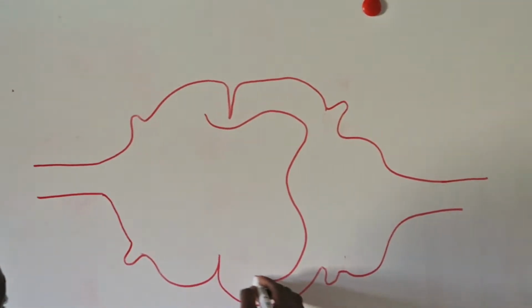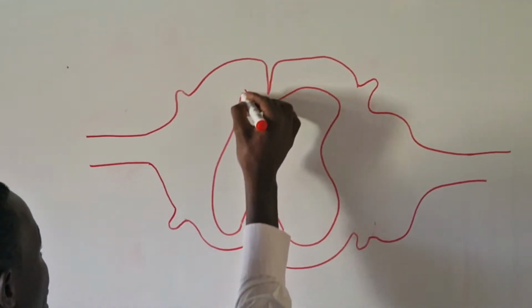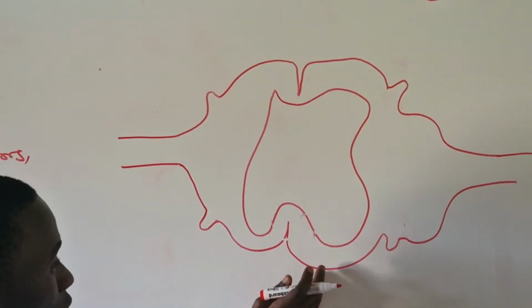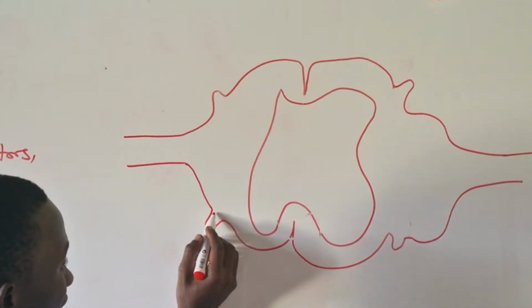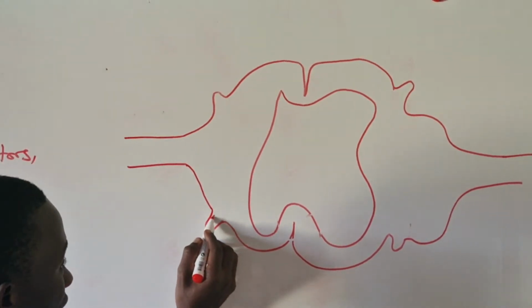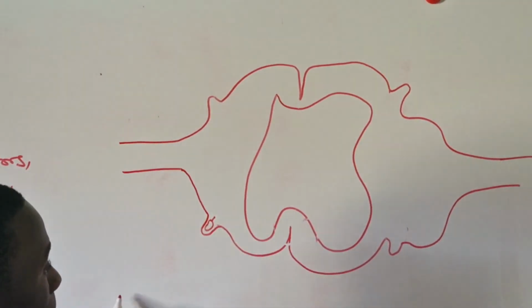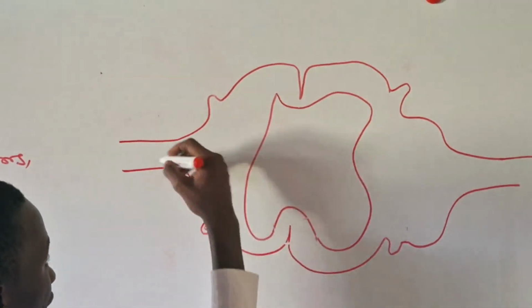It has another part we call the gray matter. So this part consists of the white matter of the spinal cord. These swellings you see here receive the cell body of the sensory neuron.